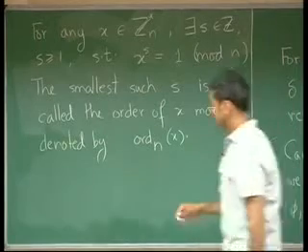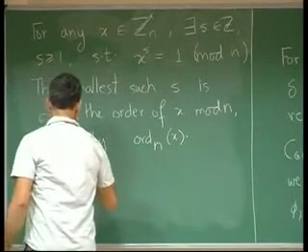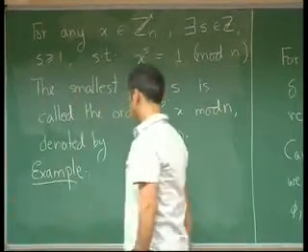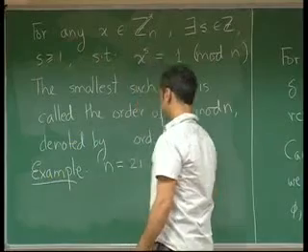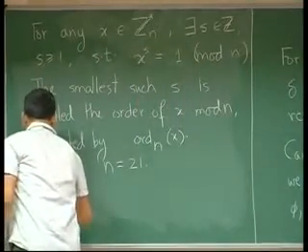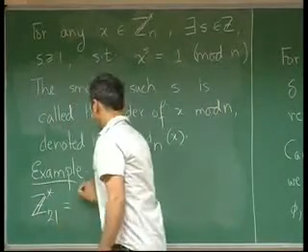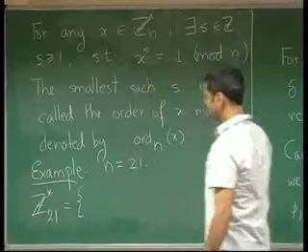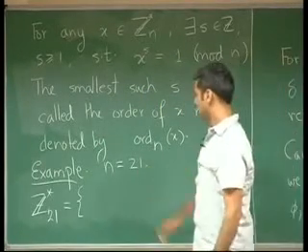Okay, let's look at an example. I think it'll help to see what we are talking about. Let's take n to be 21, and let's look at Z star 21. This is the set of all integers between 1 and 20 which are co-prime with 21.